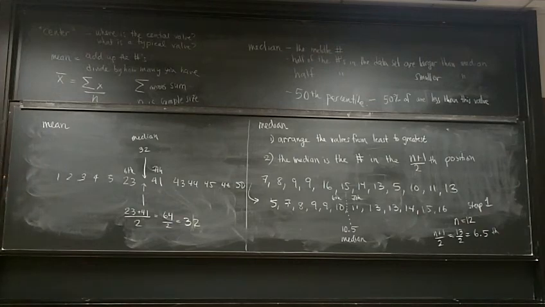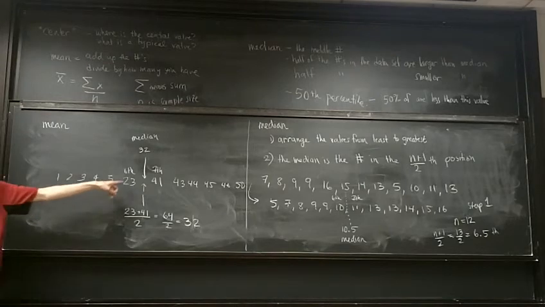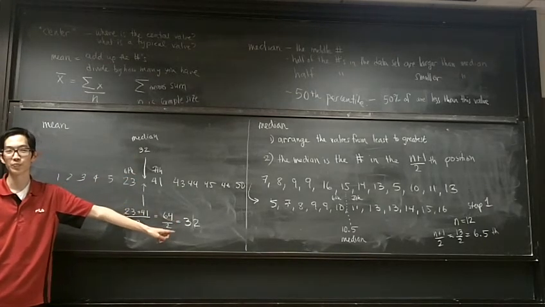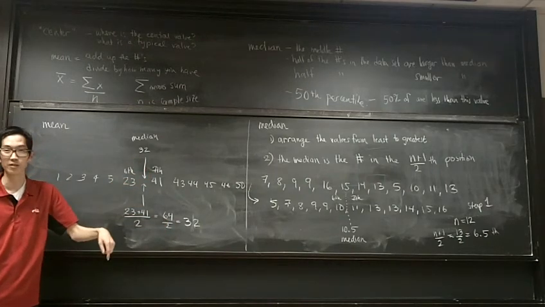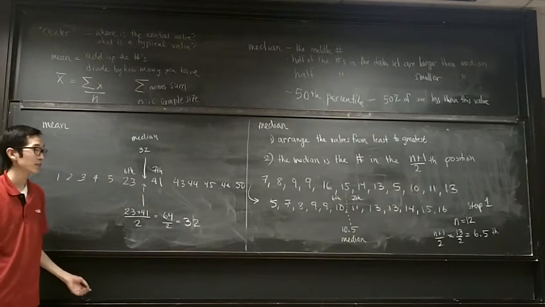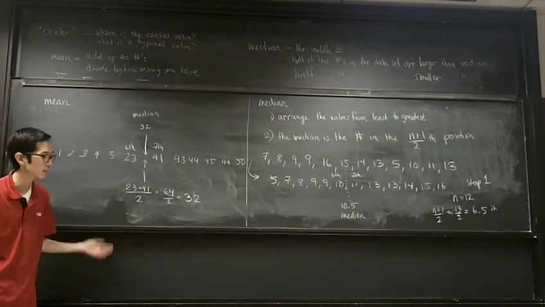If these are my 12 numbers, my median is 32, because this is 12 numbers arranged from least to greatest, 6th place, 7th place, halfway in between, 32. So my median here is 32. Is that good? All right.